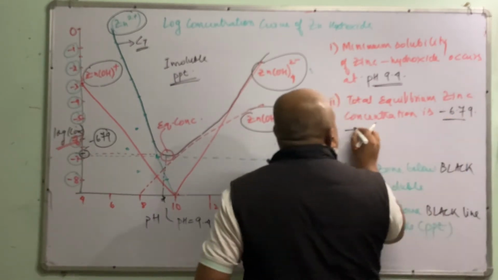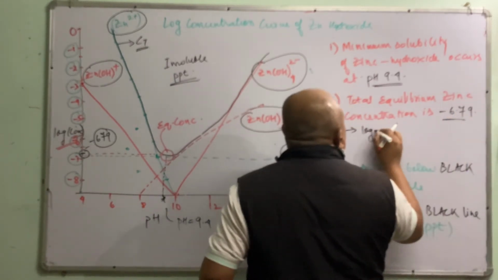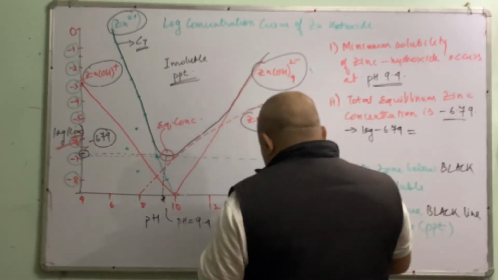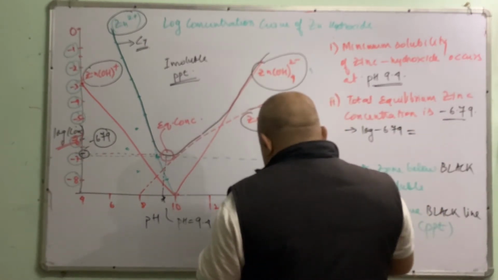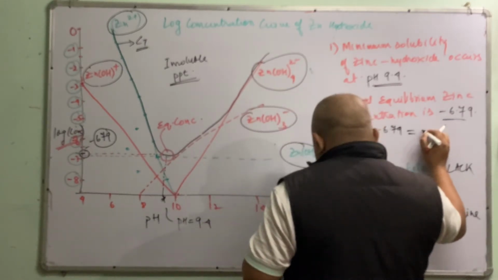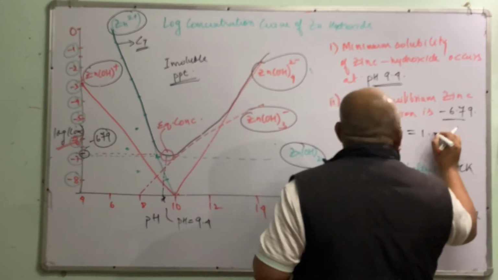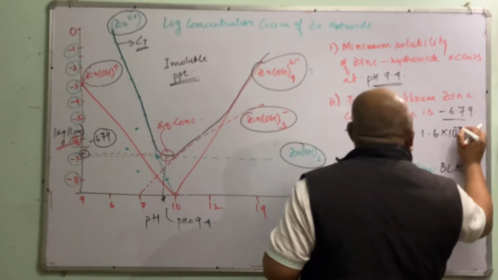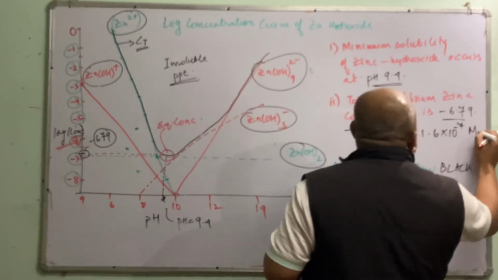Okay, not minus 6, but log of minus 6.79. This is equal to 1.6 into 10 to the power minus 7 moles.